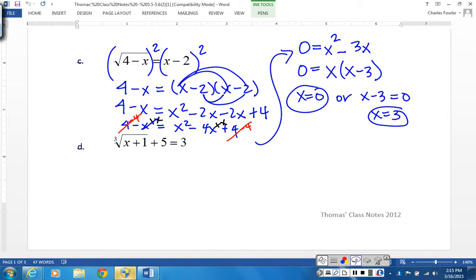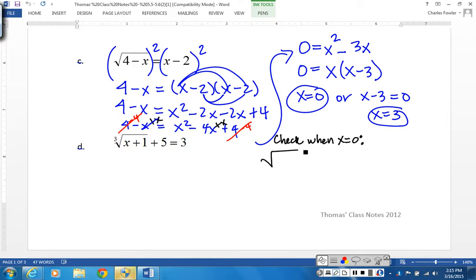So we're going to check 0 into our original equation first, and then we're going to check 3 into our original equation. So check when x equals 0 first.